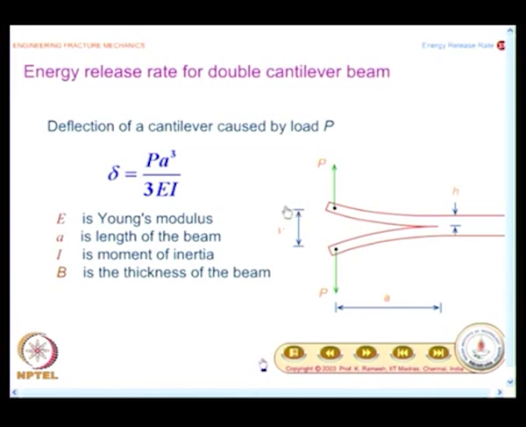And you know the total displacement is V. So, if I have to write down V, it is nothing but 2 times delta. This is a free end deflection of a cantilever beam. I have one beam here, another beam here.